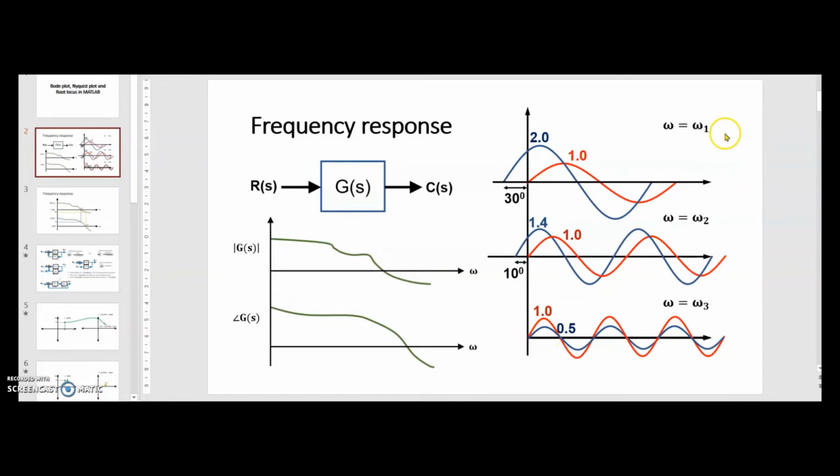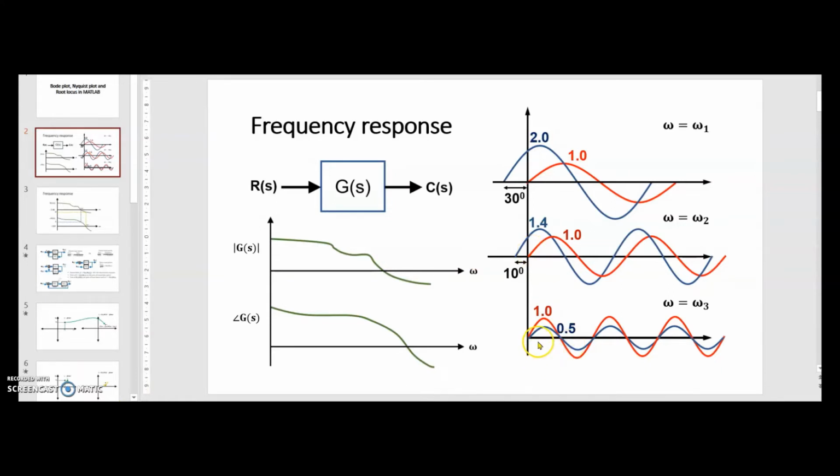So we keep on increasing the frequency of the input, and correspondingly we check the gain and phase of the system, and then we plot that with respect to omega, where omega is the input frequency. So this is how we get the frequency response. This is one of the methods of finding out the frequency response.